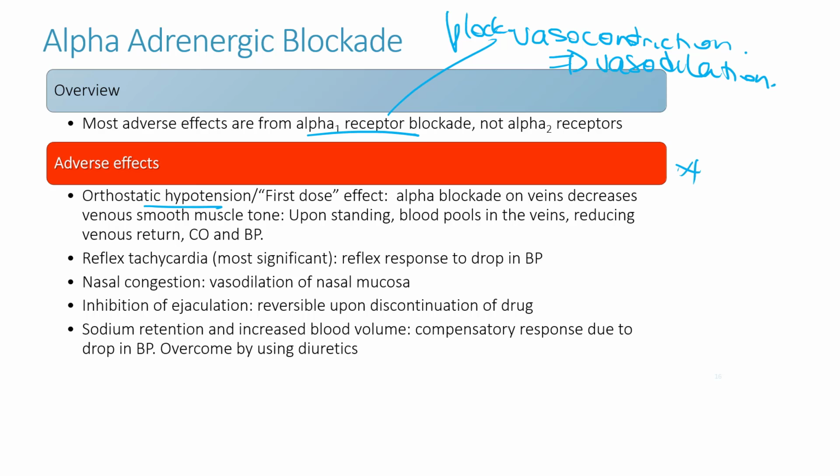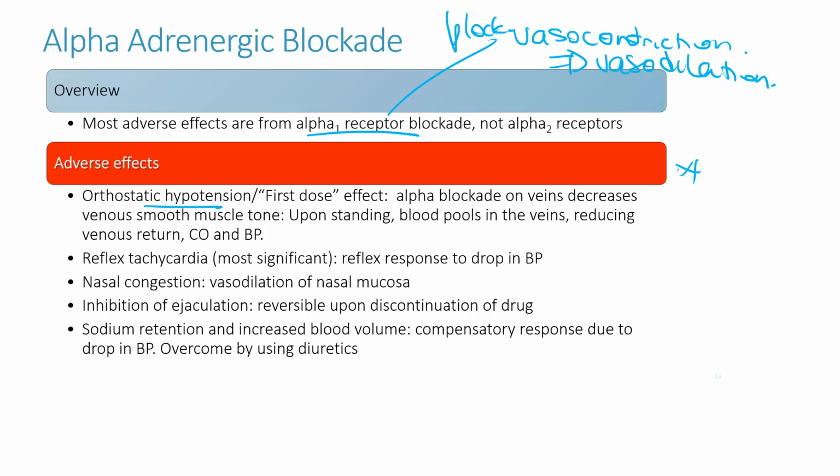What normally happens when we go from supine to sitting, sitting to standing, is that our sympathetic nervous system kicks in for a very, very short period of time, mainly to cause vasoconstriction, to push blood up to the heart and to the head.